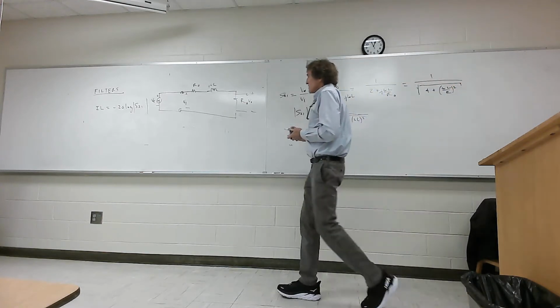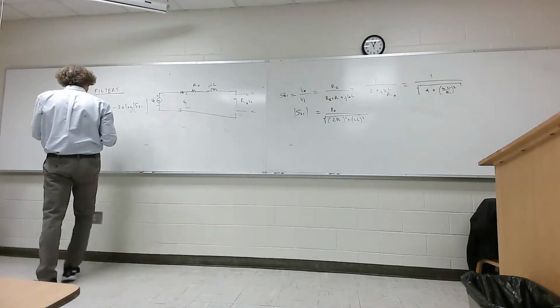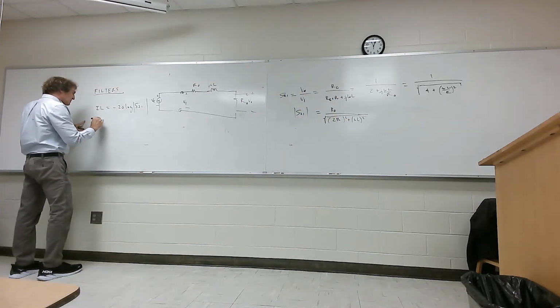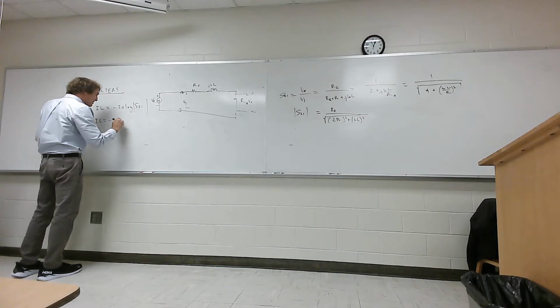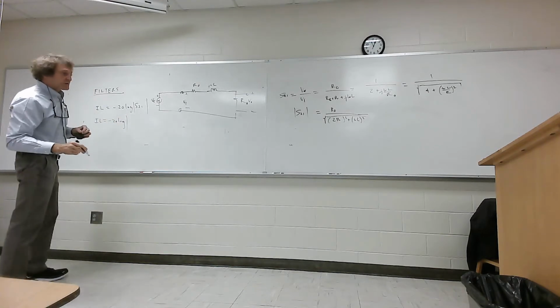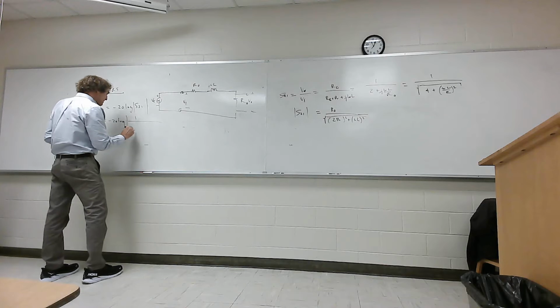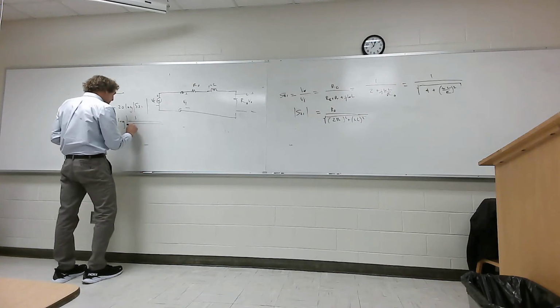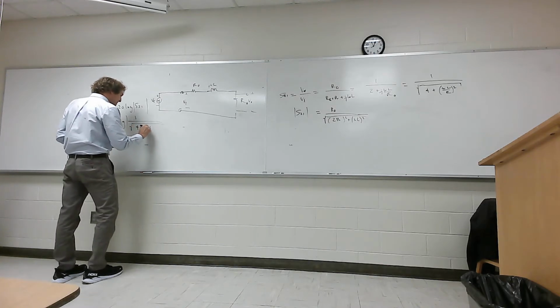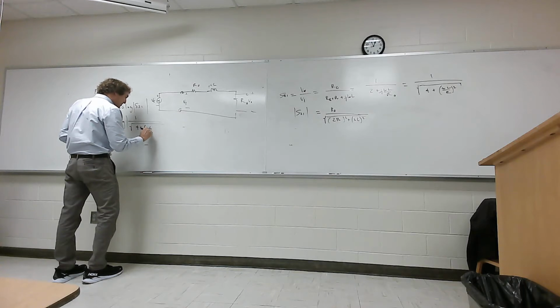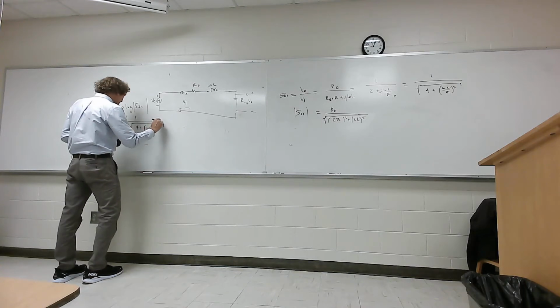So then, if we take a look at this and get the insertion loss for this one, it's minus 20 times the log of the magnitude of 1 over the square root of 4 plus omega L over R naught squared here.